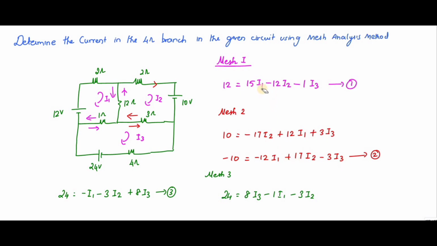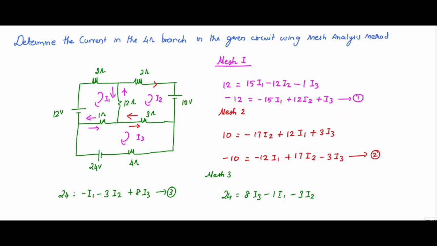Now I can write the determinant form. Instead of this, let me write it like this: minus 12 is equal to minus 15 I1 plus 12 I2 plus I3.